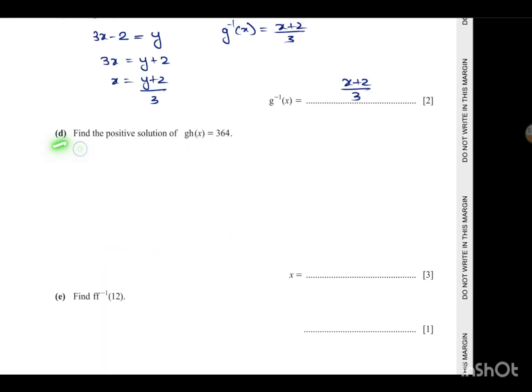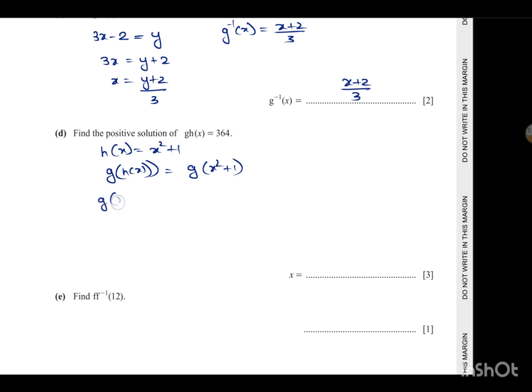Question number D. Find the positive solution of g of h of x, that is equal to 364. So first of all, what is h of x? H of x is x square plus 1. Now g of h of x will be g of x square plus 1.